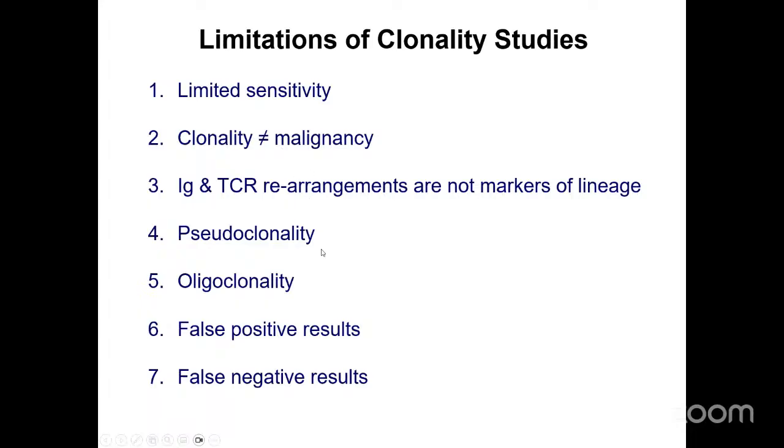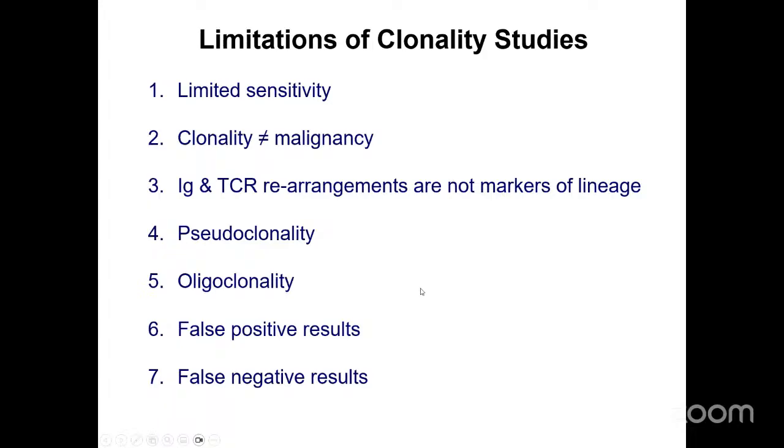The rearrangements are also not markers of lineage. It has been shown that sometimes you can have T cell gene rearrangements in B cell neoplasms, especially the lymphoblastic kinds, or vice versa. You can also have them sometimes in myeloid neoplasms. So they are not necessarily markers of lineage. You have to get to the lineage first, and then do the rearrangement studies.